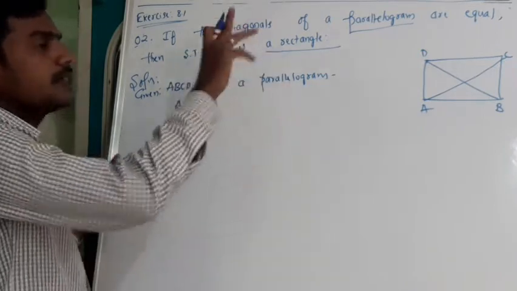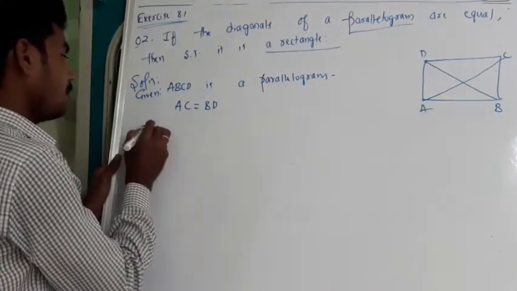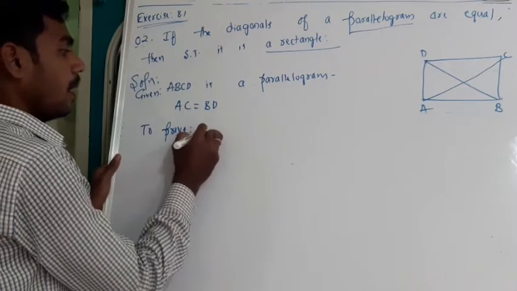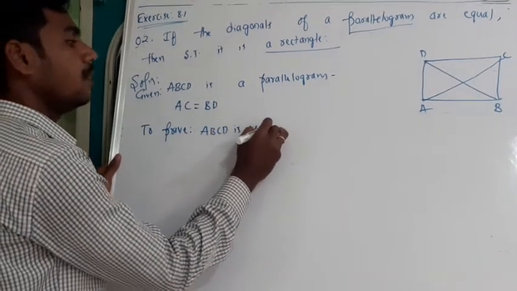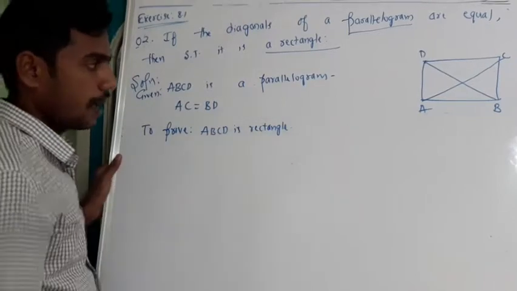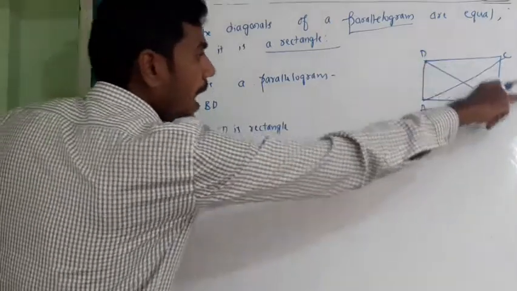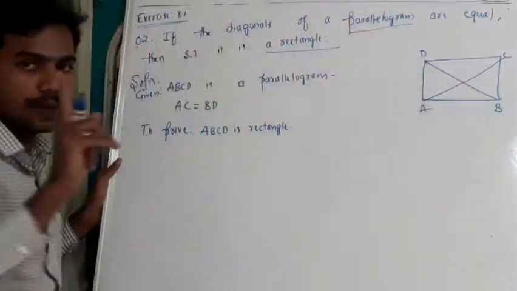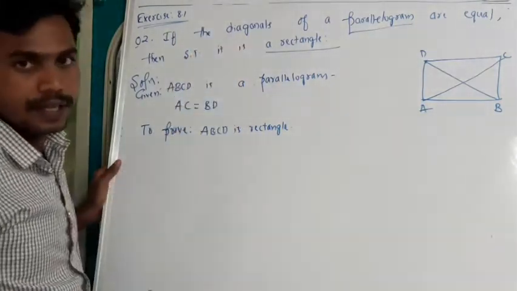The diagonals of the parallelogram are also equal. So what do I need to prove? I need to prove ABCD is a rectangle. To prove ABCD is a rectangle, what do I need to show? One of the angles, either ABC or DCB, should be equal to 90 degrees. Then we can conclude that the parallelogram is a rectangle.